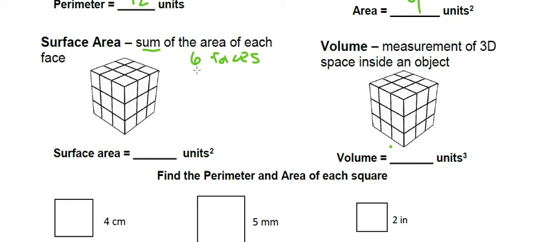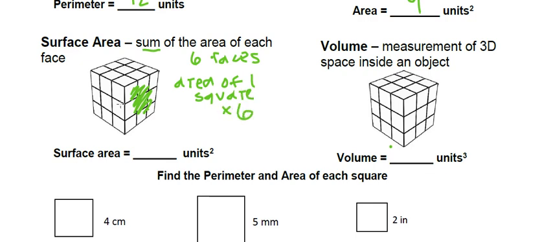Each one of the faces is made up of a square. So the surface area is asking you to find the area of one square and then multiply it by 6.